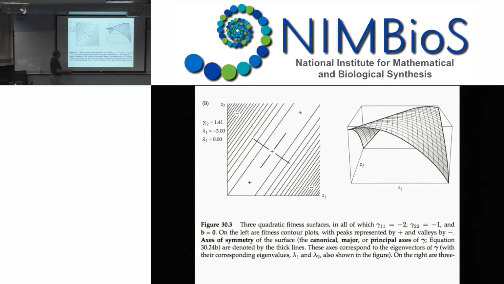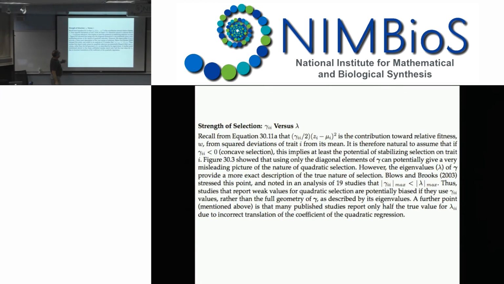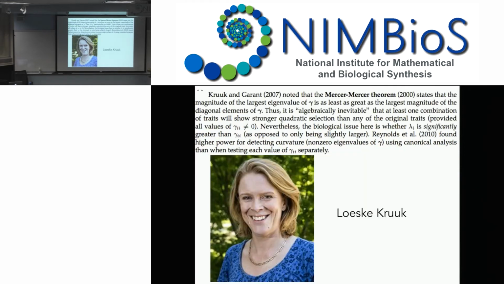So these diagonal values are very misleading about the true nature of selection. And they said that because of that, you often get overestimates. That is, the magnitude of the largest gamma ii is always less than the magnitude of the largest eigenvalue. So taking gamma ii values is very misleading about the strengths of selection.